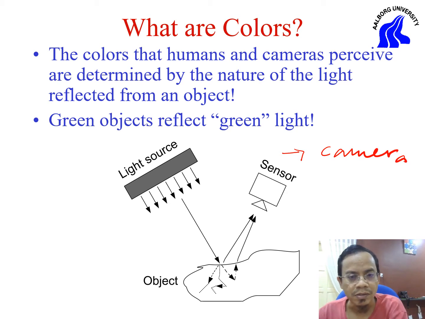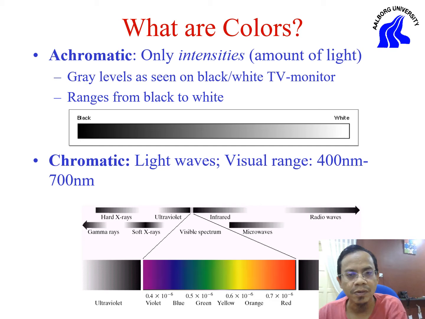If there is no light source, you cannot see the object. So the colors that humans and cameras perceive are determined by the nature of the light reflected from an object. Okay, so that's the concept of colors. Colors fall under the wavelength. This is the wavelength of color. We call it the visible spectrum.